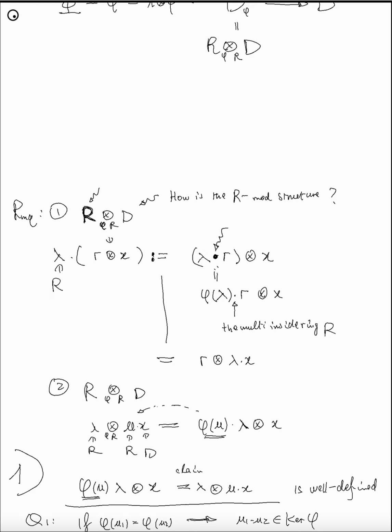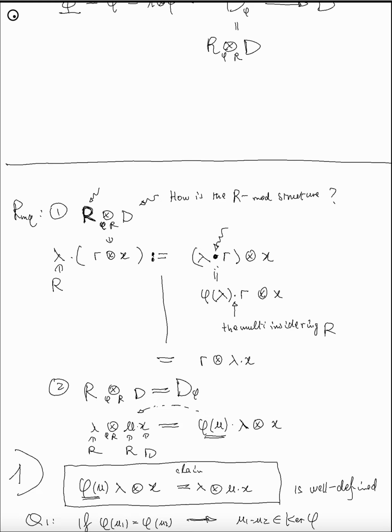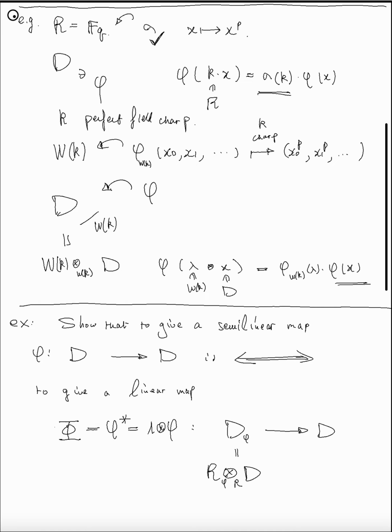How to describe the R-module structure over this R-module, which is denoted by D_phi in the literature. So okay, let's come back to our exercise question.